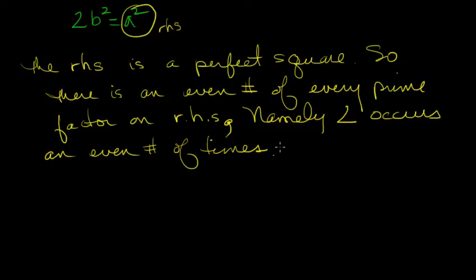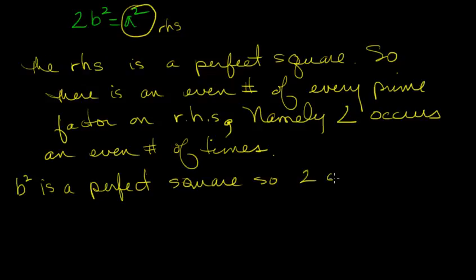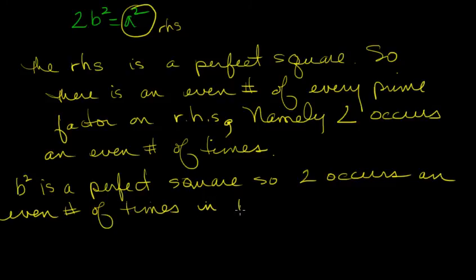Okay, well, b squared is a perfect square. So 2 occurs an even number of times in the prime factorization, I'll just put PF of b squared.